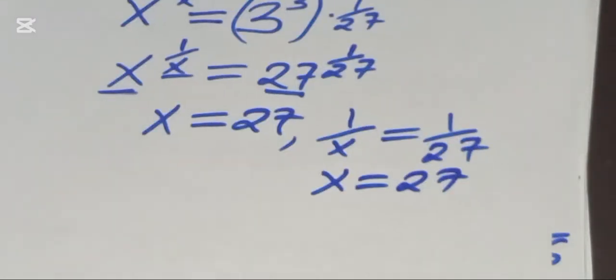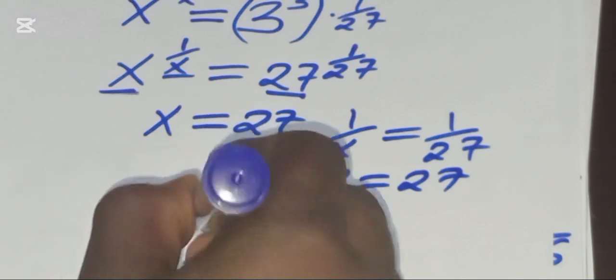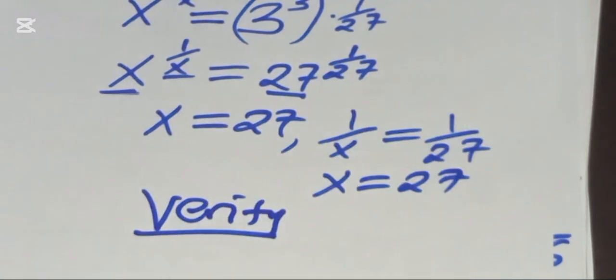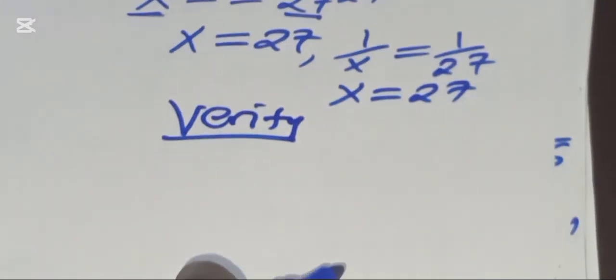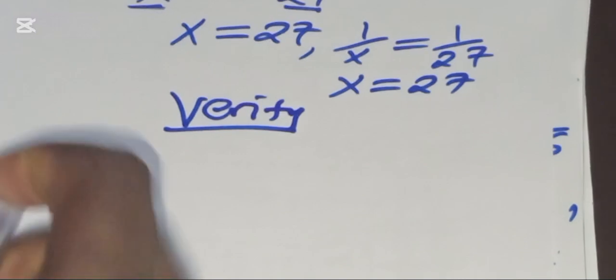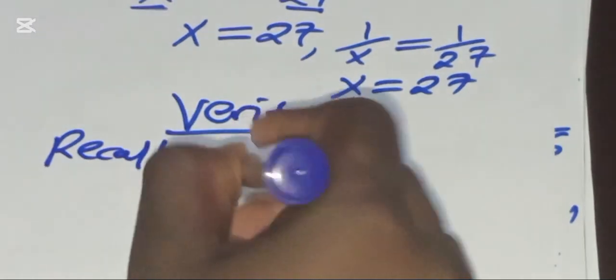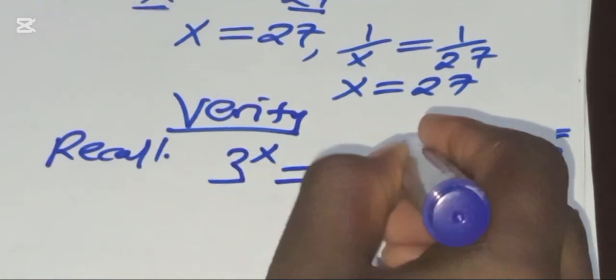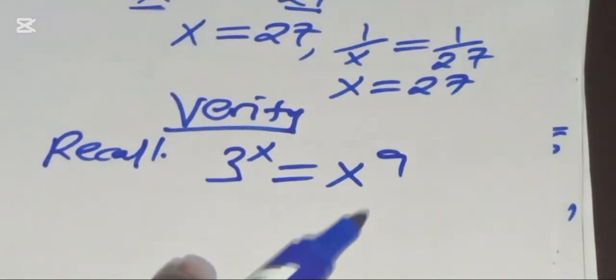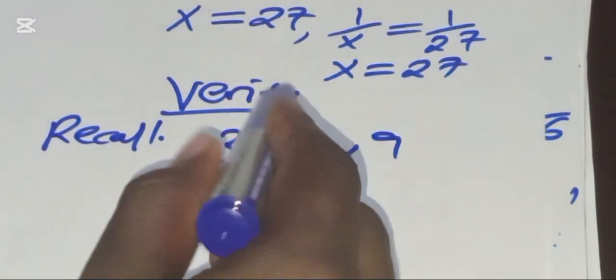Okay. So let's verify if this value of x satisfies the equation. Okay. So if you recall, we have 3 to power x, and this should give us a value of x to power 9. So the value of x is 27.